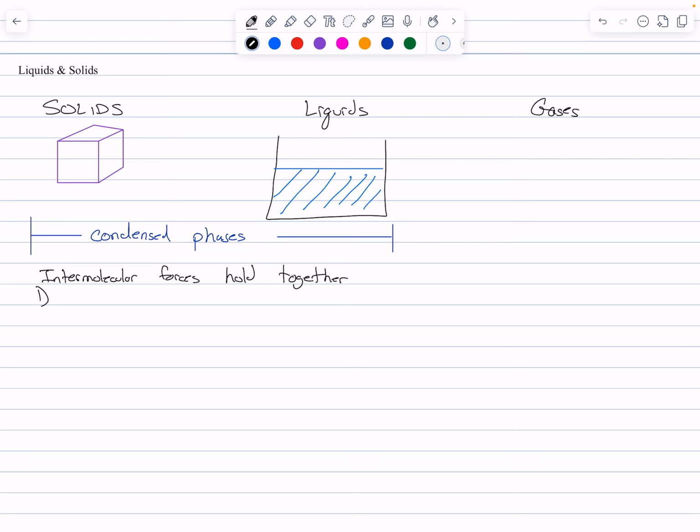And those would be hydrogen bonding, dipole-dipole, and London dispersion. Those are the intermolecular forces that hold those particles of solids and liquids together.